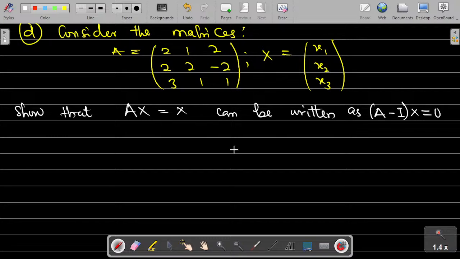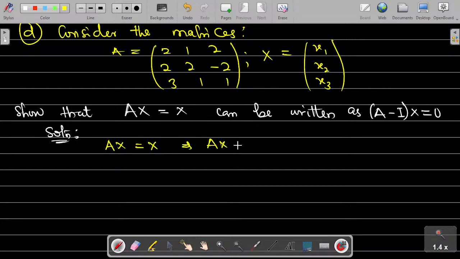All right, and how was that achieved? Of course, if you have AX, even by observation and the small mathematical understanding that we have, even though most times it doesn't hold for matrices, so you must be very careful. If I have AX equal to X, with small maths you can do something like this.